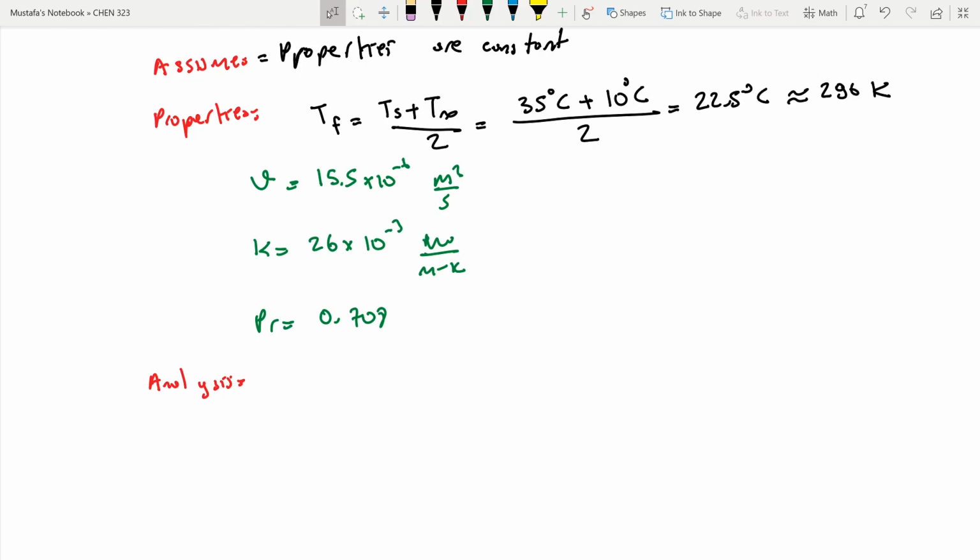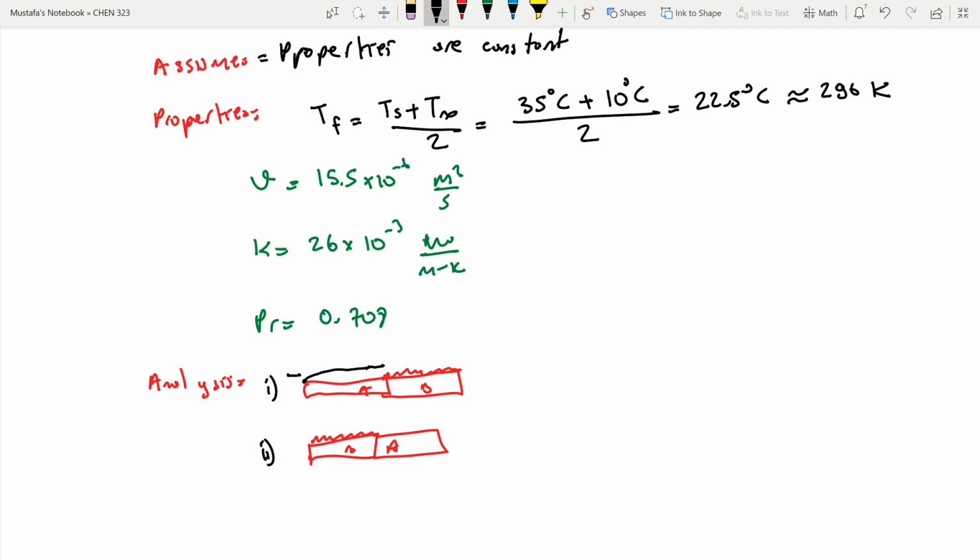So the analysis, basically the main thing that we want to compare. So we have two configurations. A is smooth, B is rough. We have A first, we have B first. So what is the difference between these two? That's the question I asked you. In case 1, since you have a smooth plate, you'll start with a laminar flow, and as soon as the airflow reaches the rough section, you'll reach turbulent flow.